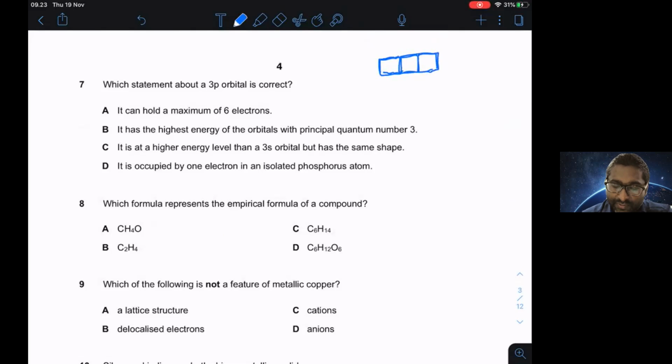Now, since they mentioned 3p orbital, not the 3p subshell, one of the 3p orbitals can only hold a maximum of 2 electrons. So it would not be accurate to say it can hold a maximum of 6 electrons. It should not be written in that way. It has highest energy of the orbitals with the principal.